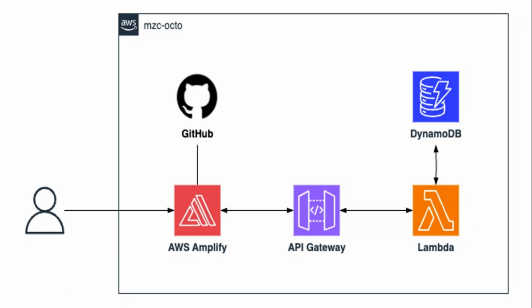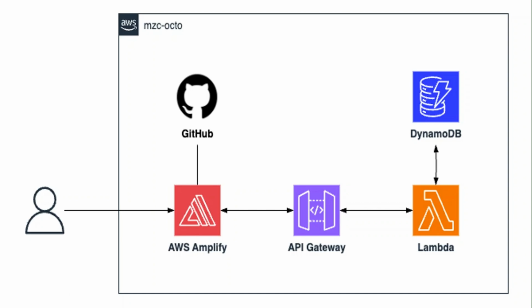For example, it could validate data, perform calculations, or retrieve relevant information. Lambda connects to DynamoDB, a NoSQL database, to store or retrieve application data. DynamoDB offers high availability and scalability, making it ideal for real-time applications that need fast performance.